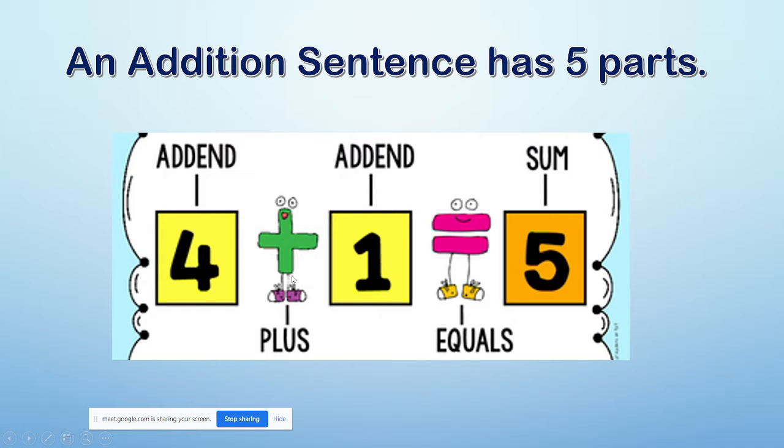Then the plus symbol, which looks like a cross. Then another addend, another number. Then the equal sign, and then the answer, which is the sum. Again, an addition sentence has 5 parts: 2 addends, the plus sign, the equal sign, and the sum, or the answer.